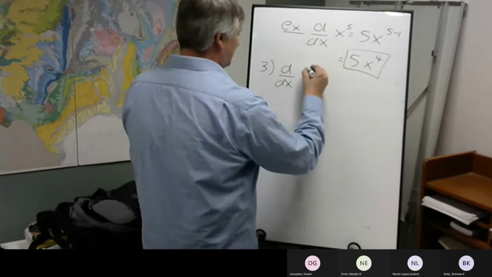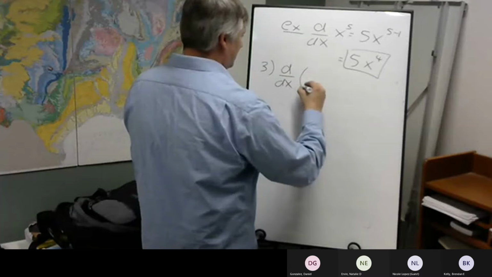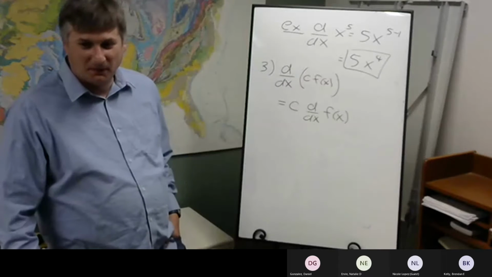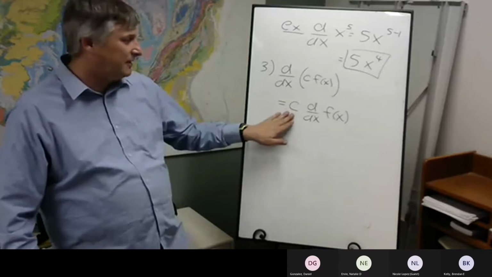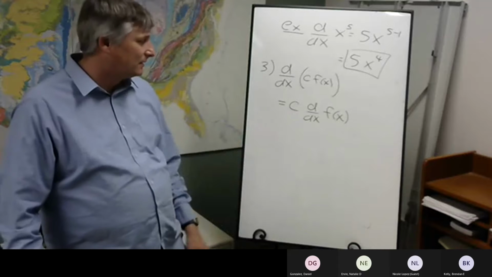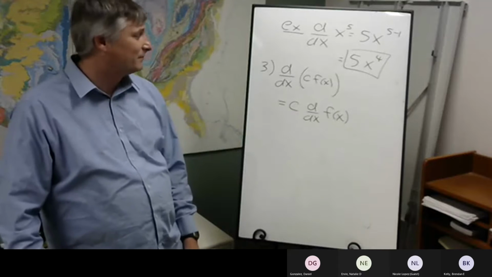So the derivative, in other words, just like with limits, how the constant passed through the limit, the constant passes through the derivative.